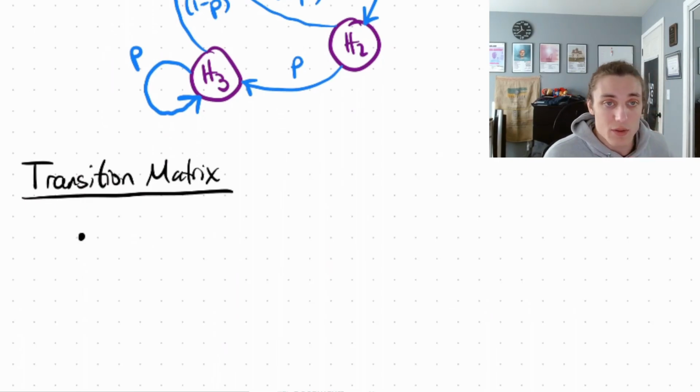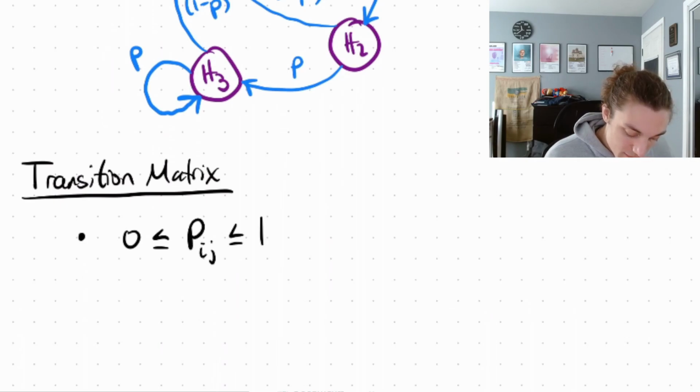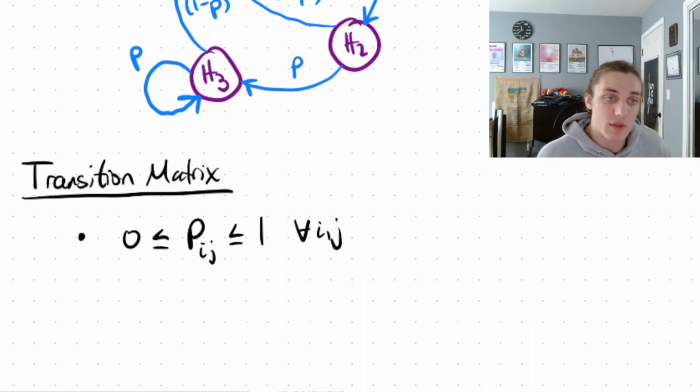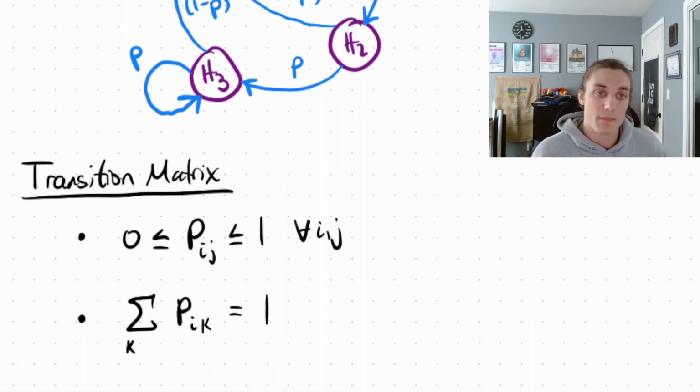Here are some remarks about the transition matrix. Any entry of the matrix is going to be between 0 and 1. Essentially, every entry is a probability. We also have that the sum across the columns is equal to 1.